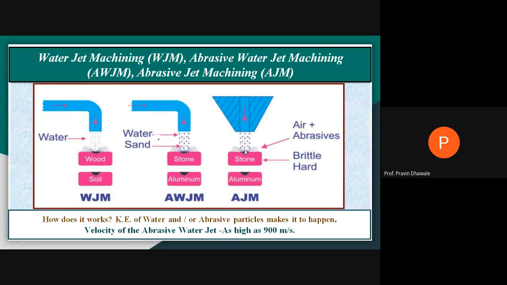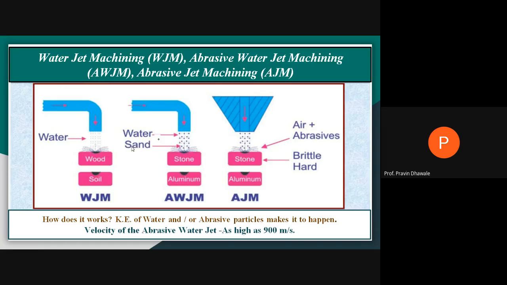The abrasive mixes with the air, and when that mixture passes through the nozzle, we get a high velocity jet. When that jet strikes the surface of the stone, which is a brittle and hard material, the material is removed by the process of erosion. Now this third process is a combination of abrasive jet machining and water jet machining, where we pass abrasive particles along with the water to get an abrasive slurry.